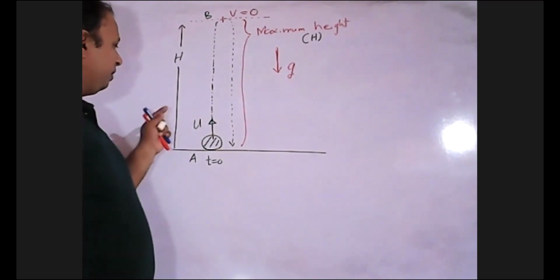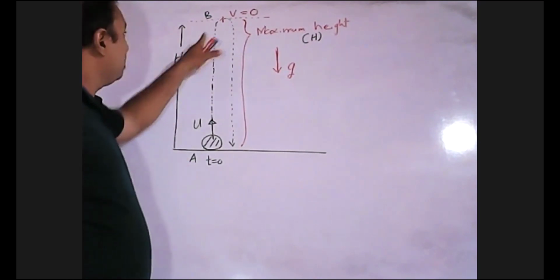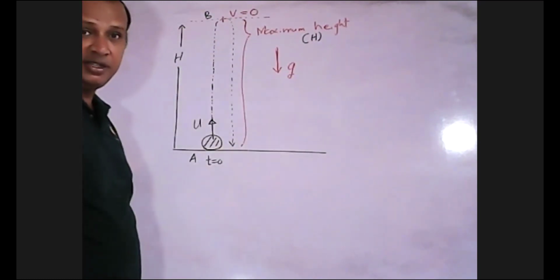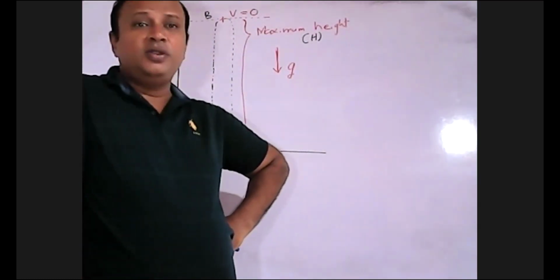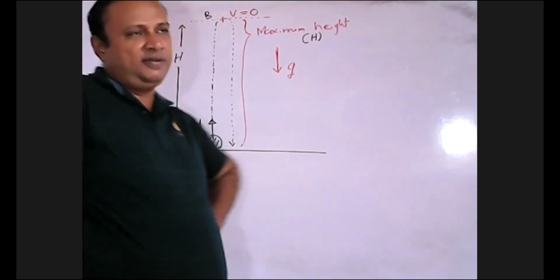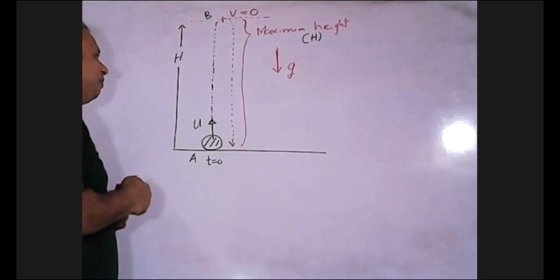We know the initial velocity, the final velocity, and the acceleration. Then what is the equation you are going to use? v squared equals u squared plus 2as. Very good, very good.